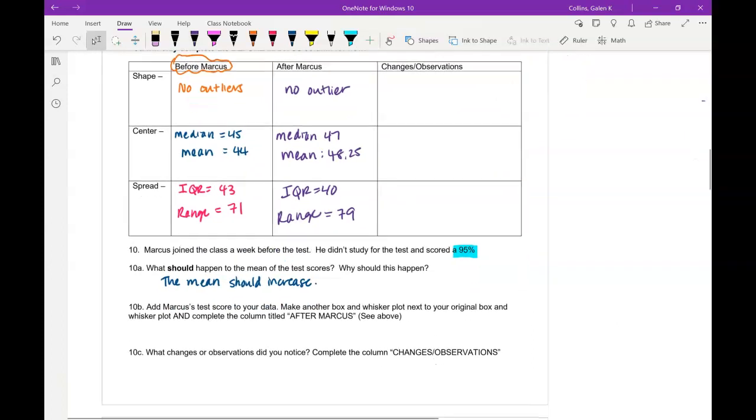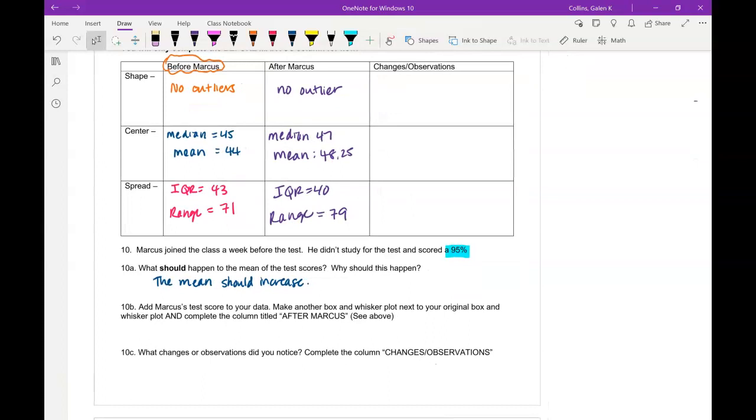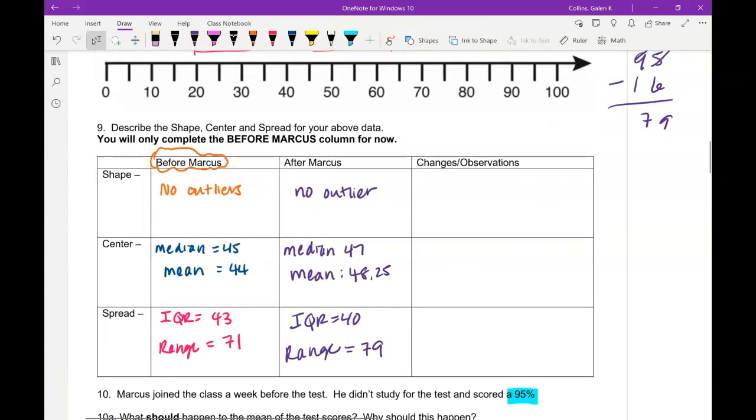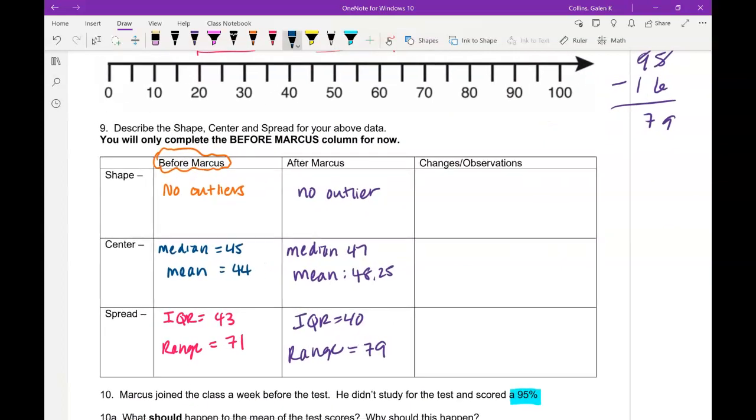So when we look for any changes or observations in our table, well, the fact that we didn't have outliers, there was no change there. Adding Marcus's data slightly increased the median, but it more greatly impacted the mean. So it increased both, slightly on the median. Sometimes adding one data point doesn't change the median at all.